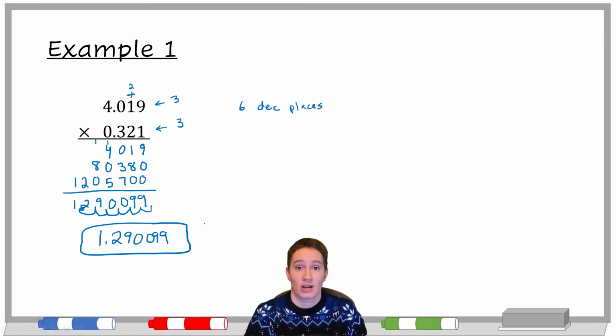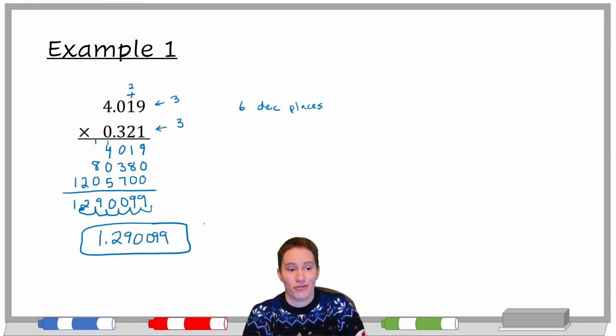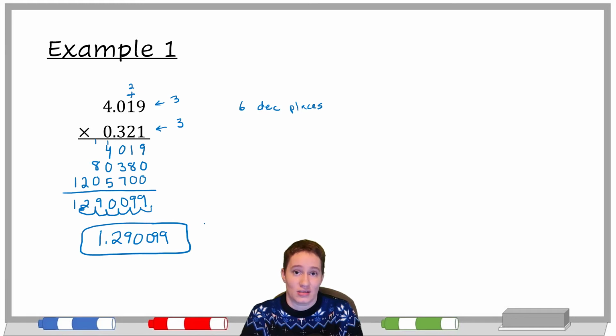Now if we go back and look at what the problem was, this is about 4 times 0.321. So the fact that we're timesing by something less than 1 is why our answer is actually smaller than the first number, because this is actually kind of like us saying, what's 32.1% of 4.019?